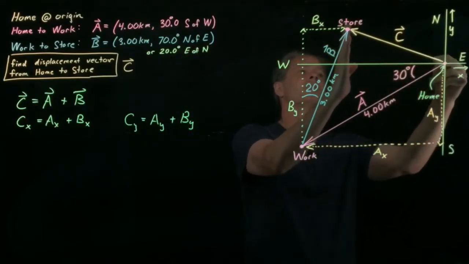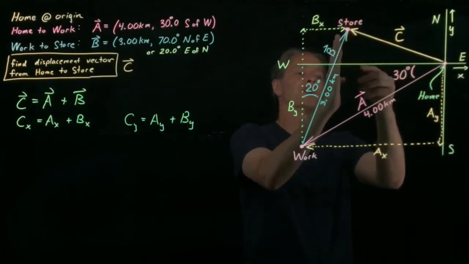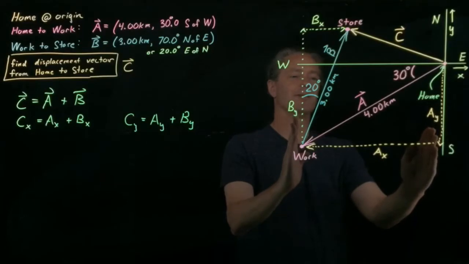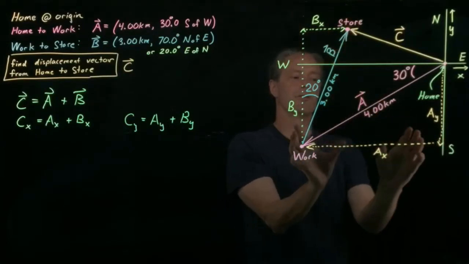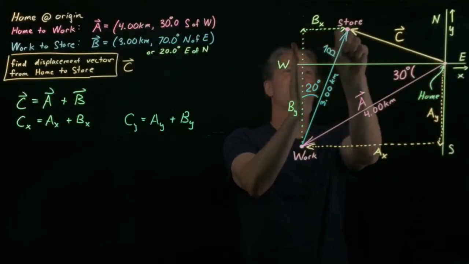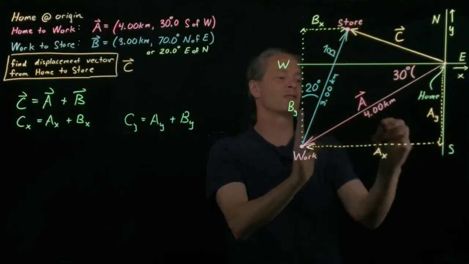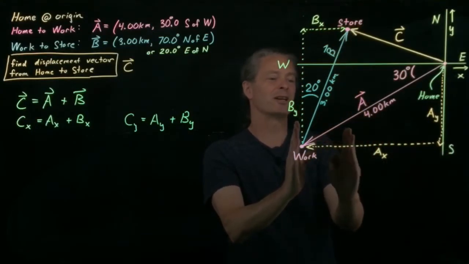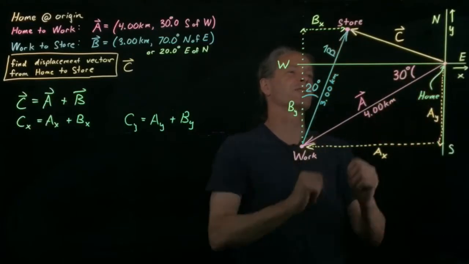The x component of vector C will be from here to here. Well, that's just this amount to the left, and then this amount to the right. So if I took this and then backed off this, it would give me this. All right, so we've got this amount in the positive x direction, this amount in the negative x direction. That leaves me with this amount in the negative x direction.